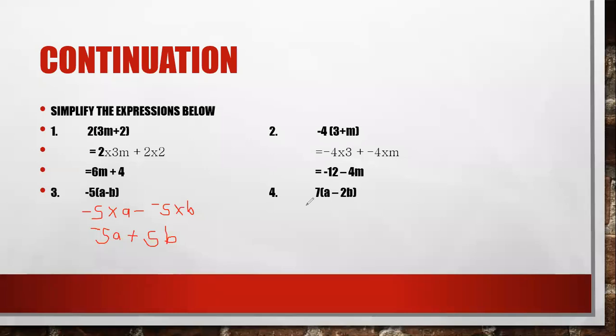Part 4 is 7 into bracket A minus 2B bracket. So the answer is the working 7 times A minus 7 times 2B. Okay.